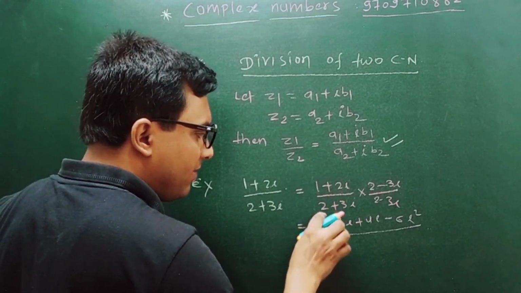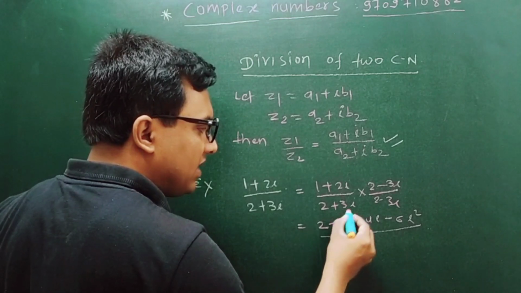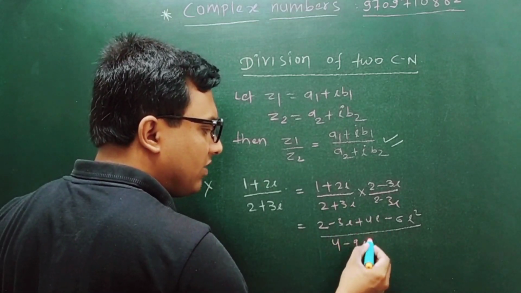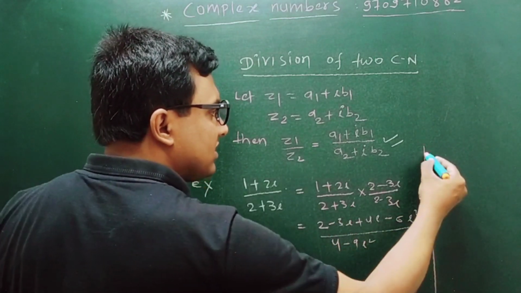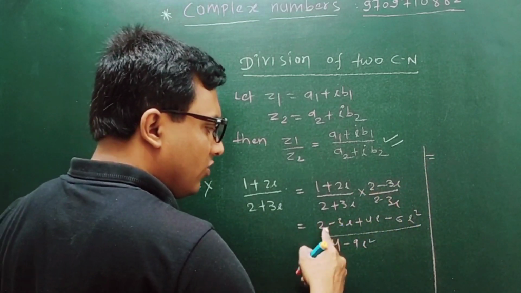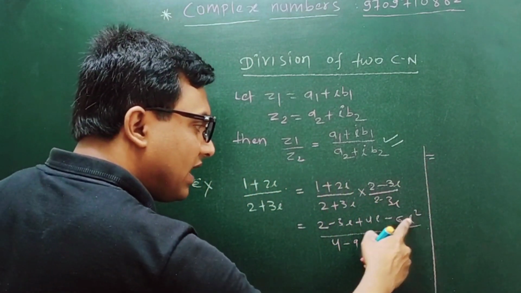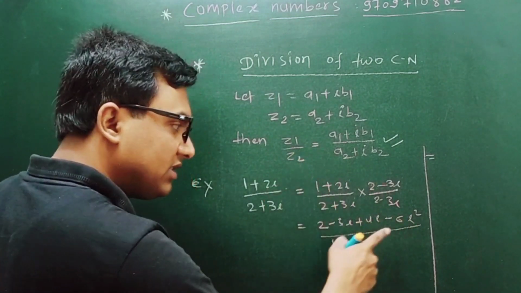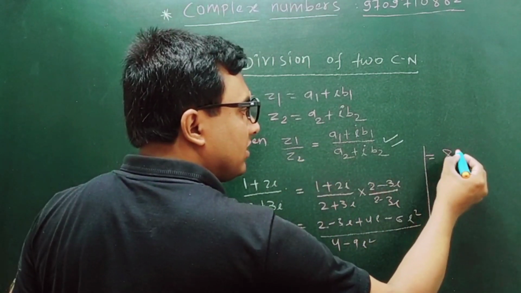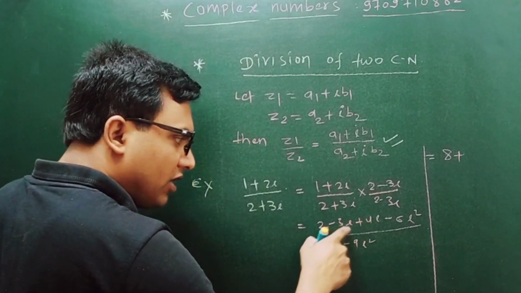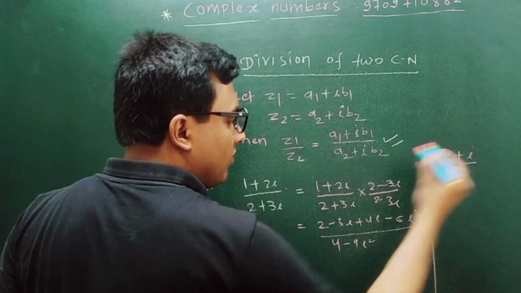The formula becomes a square minus b square: square of 2 is 4, minus square of 3 iota is 9 iota square. Iota square means minus 1, so minus 1 into minus 6 gives plus 6, and 2 plus 6 is 8, and 4 minus 3 is 1 iota.